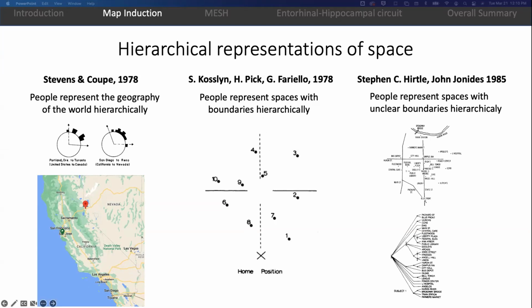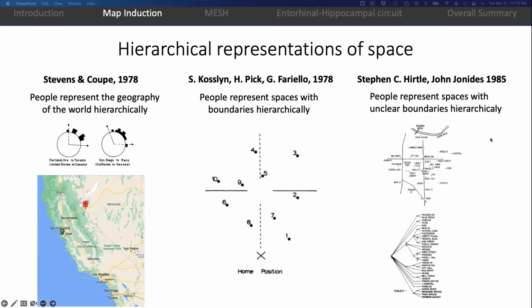Then we also have evidence from a study in 1978, where people represent spaces even with boundaries hierarchically. If you have objects separated by either transparent or opaque barriers, then people tend to overestimate the distance between objects separated by barriers and underestimate the distance between objects that are within the same spatial region.